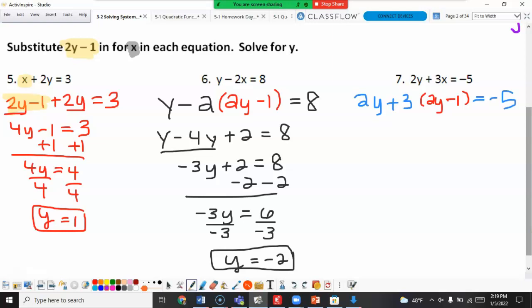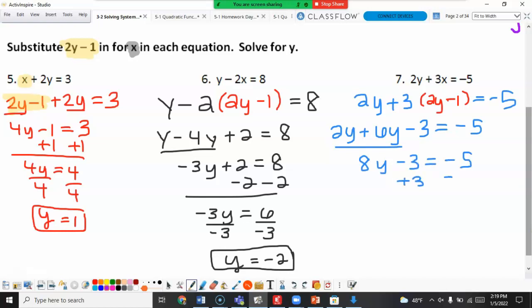And then we're going to distribute. Combine like terms. Solve for y.